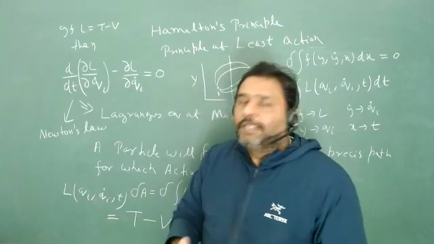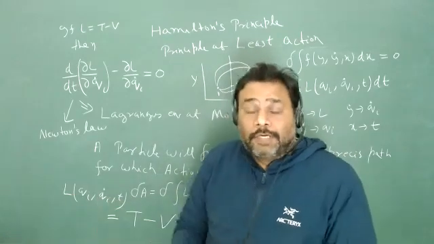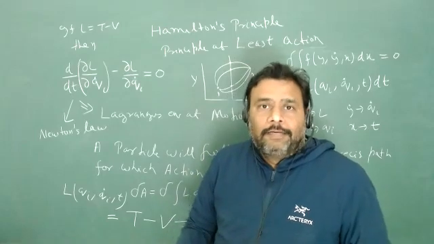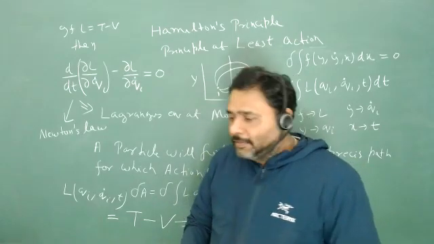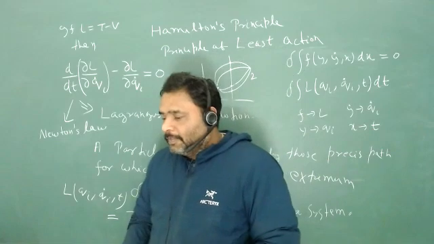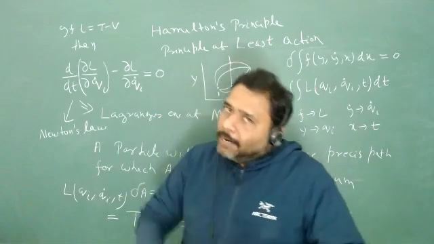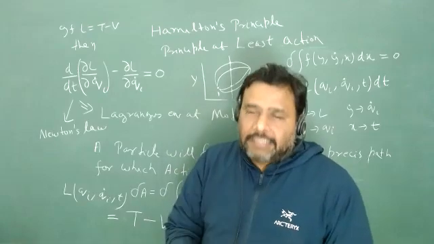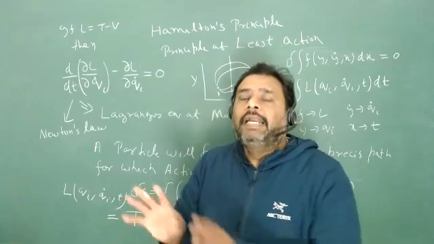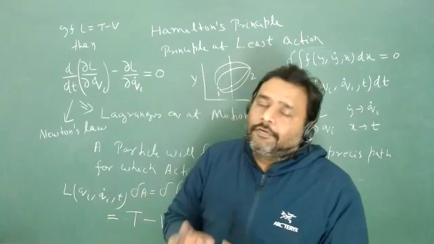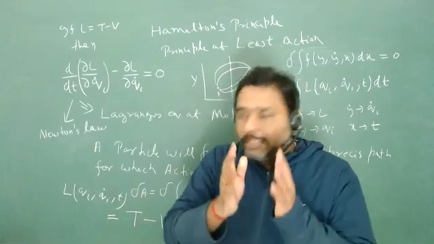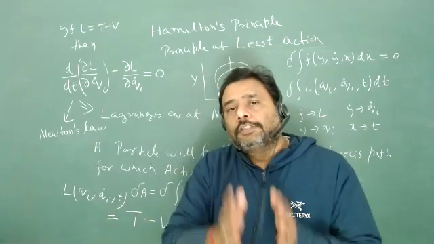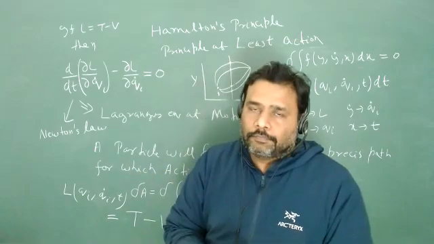You can have T plus V as the total energy of a system, but T minus V is not any physical quantity. But yes, we have defined T minus V such that we can define the action of a system, that is the integral of L dt. And finally, from there, we can reach Newton's law of motion.